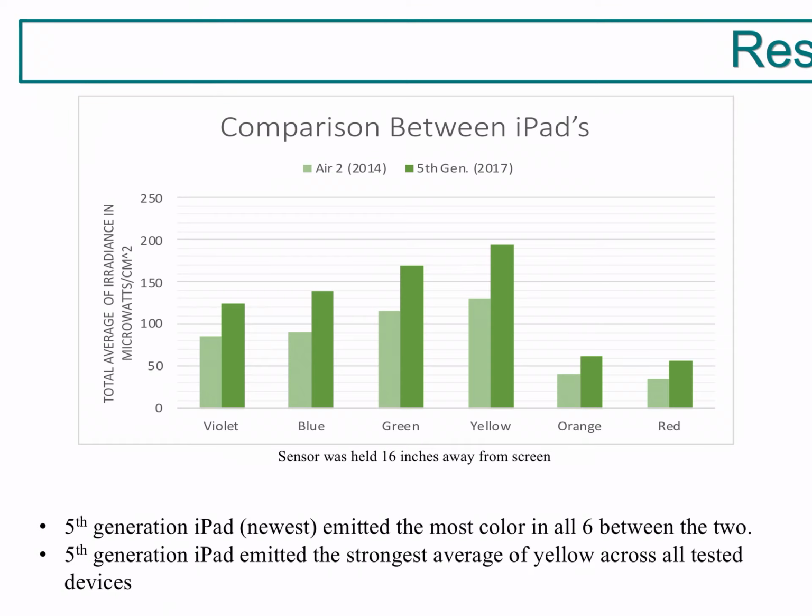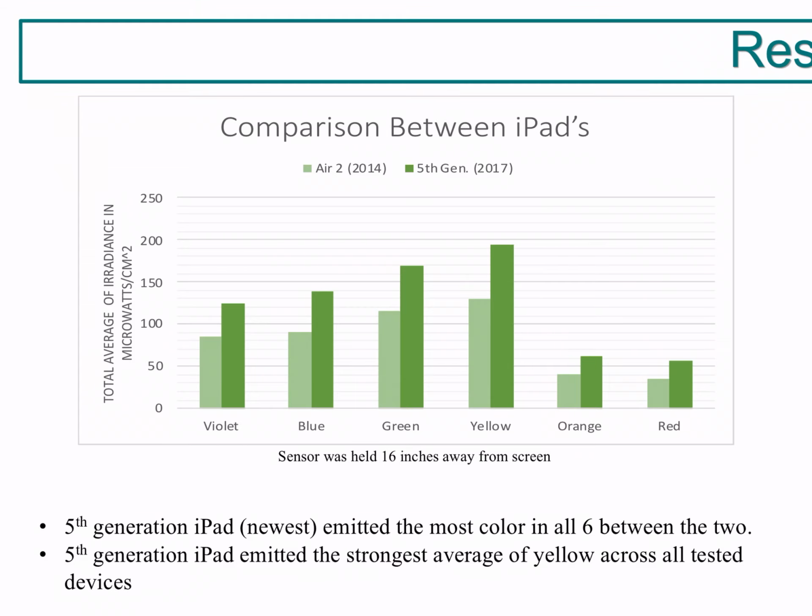The sensor uses the unit measurement of microwatts per centimeter squared. And the 5th generation iPad is in the darker green, and the iPad Air 2 is in the lighter green.